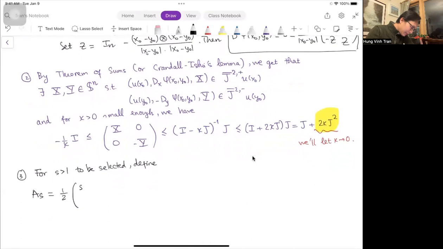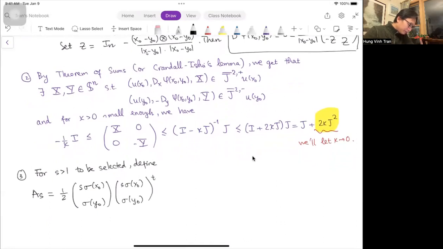So take (s sigma(x0), sigma(y0)). I inflate the first slot by s, the second slot I keep the same, times (s sigma(x0), sigma(y0)) transpose.